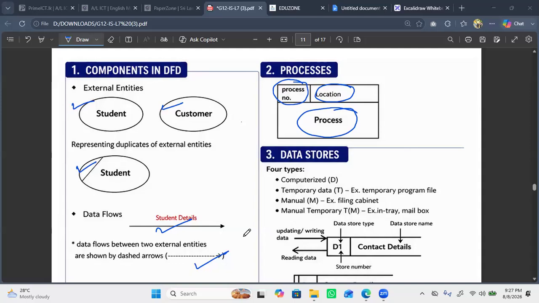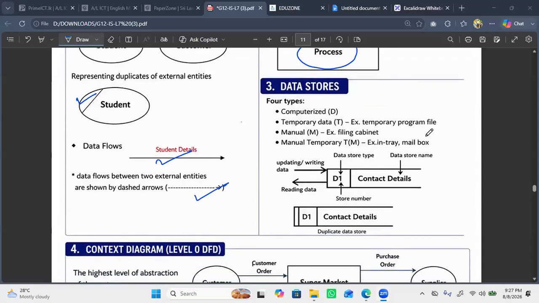Yes, very good, correct. Okay, then data stores: this is how you are going to write the data store. And if it is a duplicate data store, this is the way. Most of the teachers didn't tell this; some of them miss it. So remember, if it is a data store, you don't cut it like that. Some do, but this is the correct way. Then duplicating a data store is like duplicating an entity.